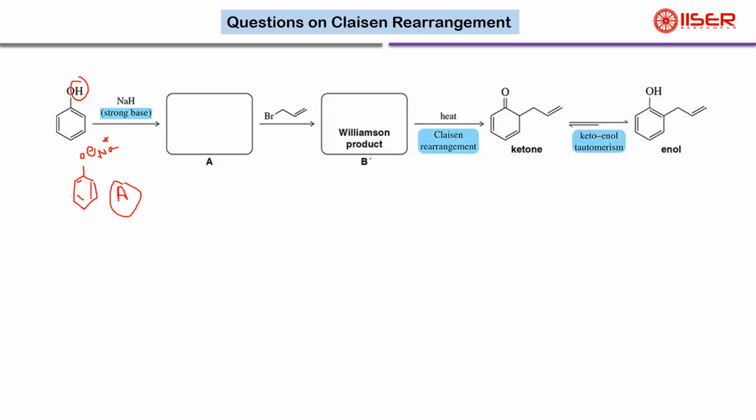After that they will get a Williamson product. Williamson product means just etherification. So this O minus will attack this, it will be an allylic substitution.